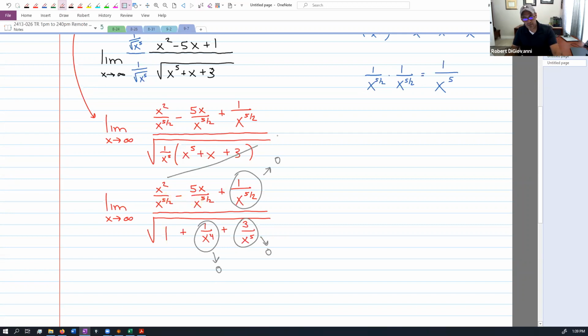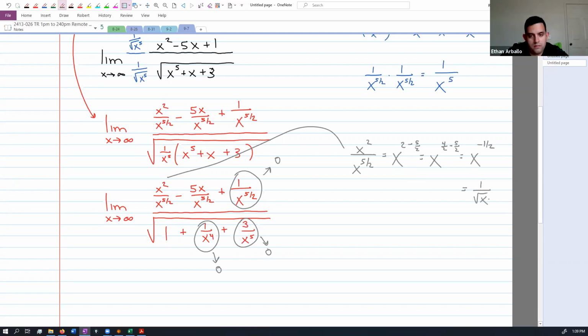So on the side here, I'm just going to remind myself x squared over x to the 5 halves is the same as x to the 2 minus 5 halves, which is x to the, I need a common denominator, so that gives me 4 halves minus 5 halves, which is x to the negative 1/2. Right? X to the negative 1/2, which is the same as 1 over the square root of x.